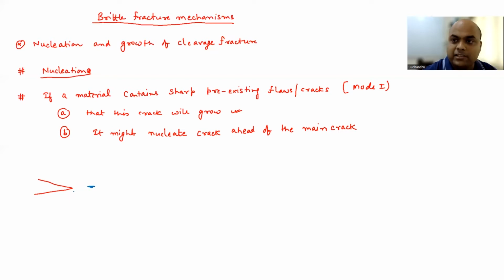Now, because of the stress concentration of the previous crack or pre-existing crack, you have sufficient amount of stress for the newly formed crack to grow. And that will lead to the cleavage fracture.